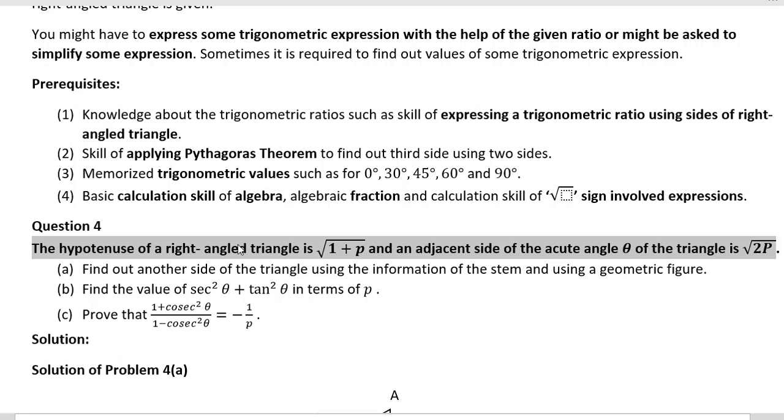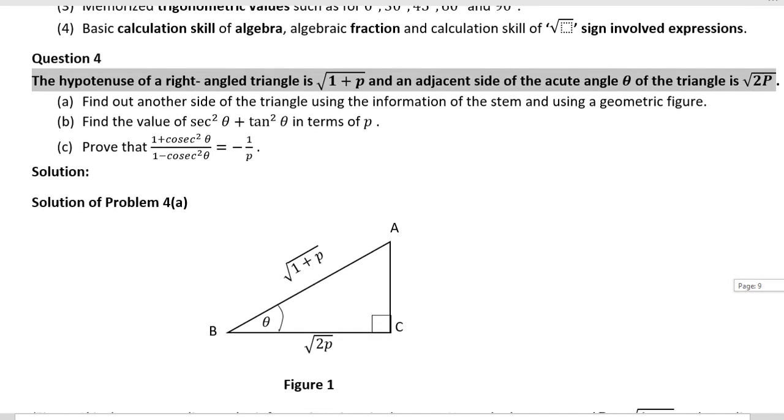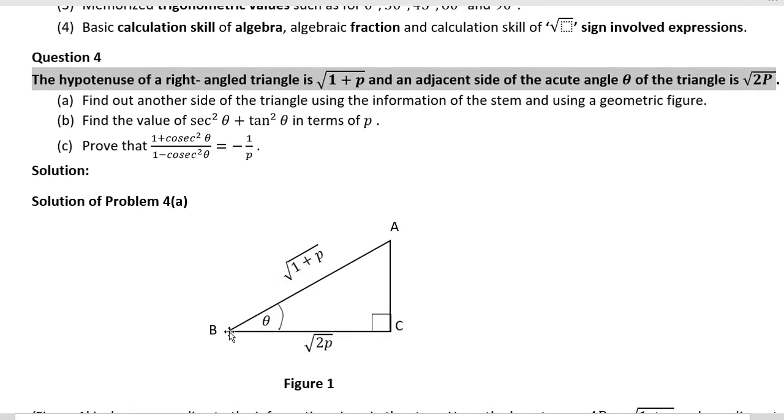So we have to draw a right angle triangle where the hypotenuse is root over 1 plus P. For the solution we have drawn a right angle triangle with hypotenuse root over 1 plus P, and an adjacent side of the acute angle theta of the triangle is root over twice P. So this is our acute angle theta, and this is the adjacent side root over twice P. Now we have to find out the other side.